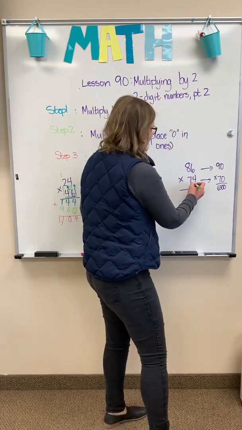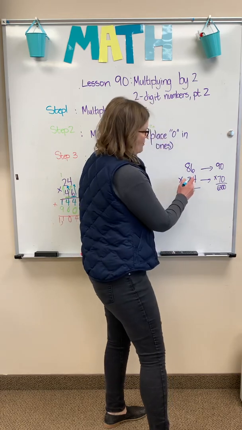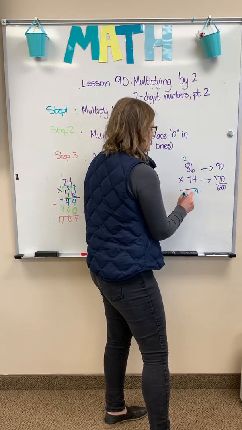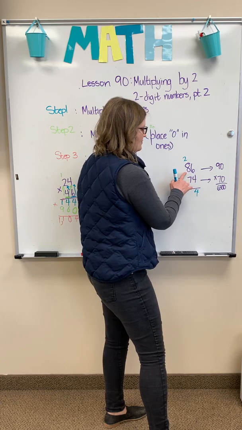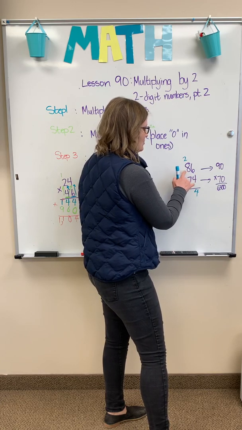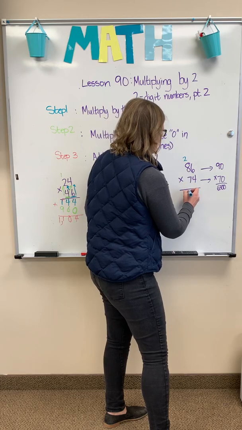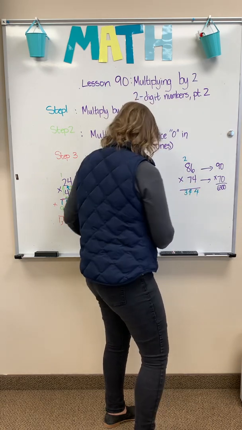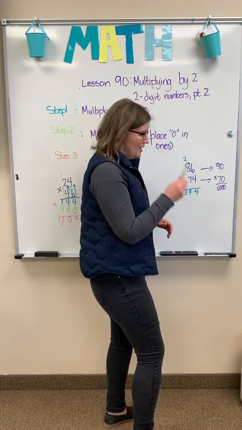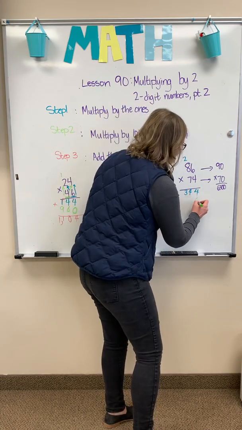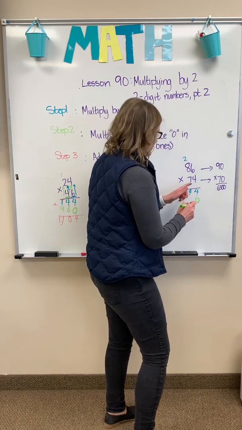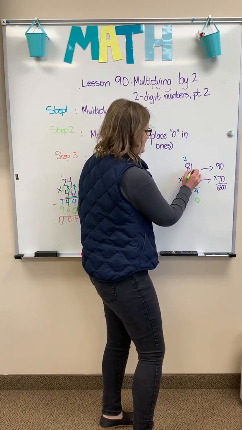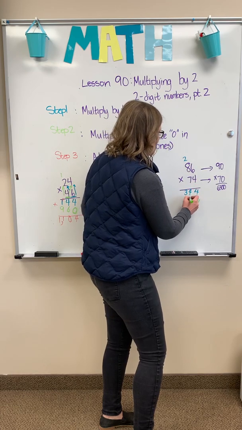So here I go. 4 times 6 is 24. Put my 2 up here. 4 times 8 is 32, plus 2 is 34. I put my 4 and then my 3. Now I get my pen. I put a 0 in the ones column because I'm moving over to the tens. 7 times 6 is 42.